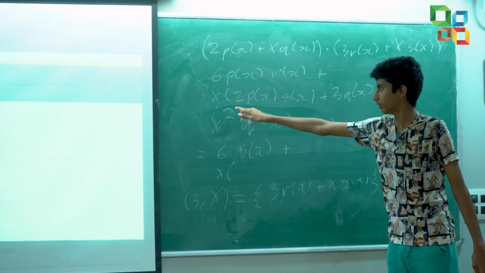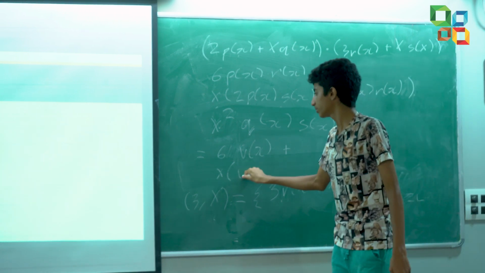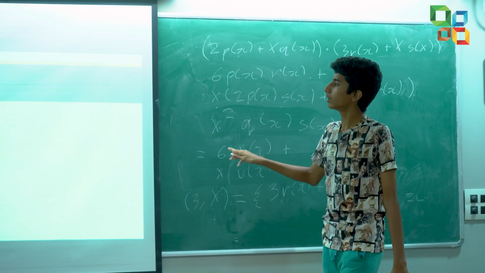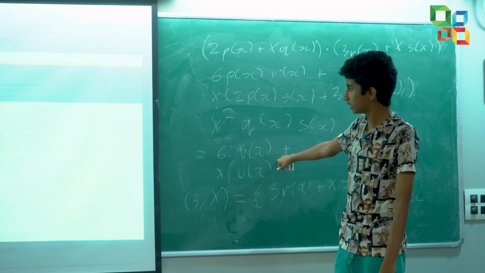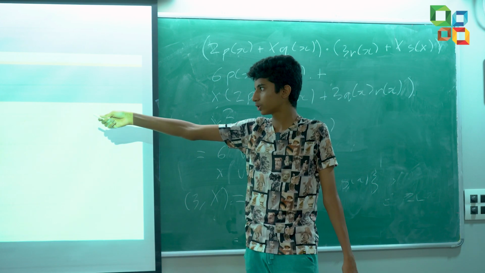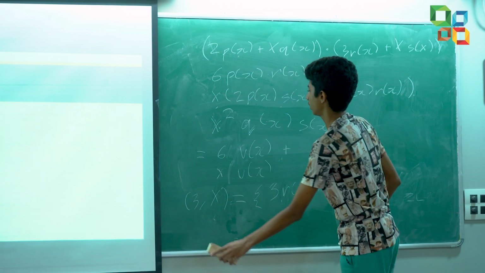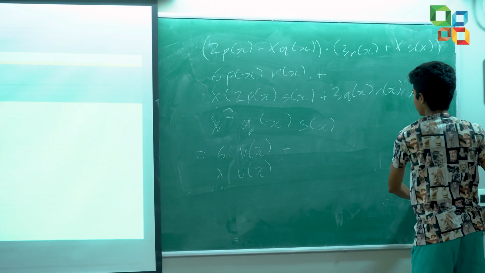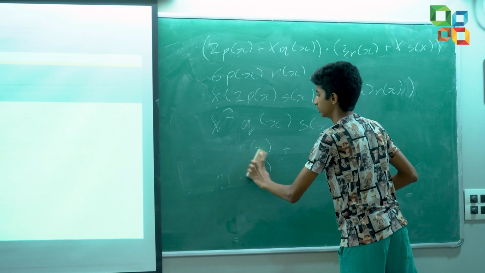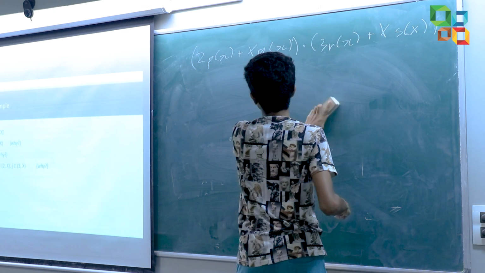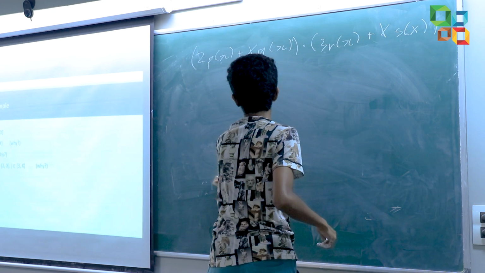You take x common over here, so x times some polynomial u(x), right? And this is what the elements of (6, x) will be, they'll be of that form. We'll go step by step.